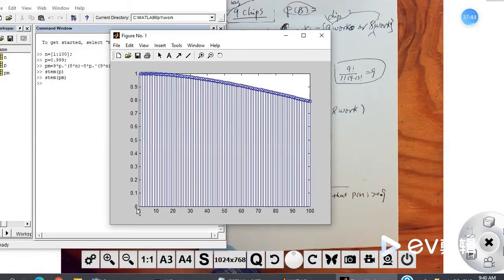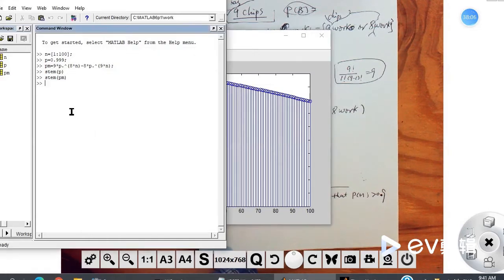You see, when n increases, n runs from 1 to 100, and the probability is reducing, larger than 0.9 until somewhere. There will be somewhere here. What will be the value? 60 something. No, n is around 60, right?